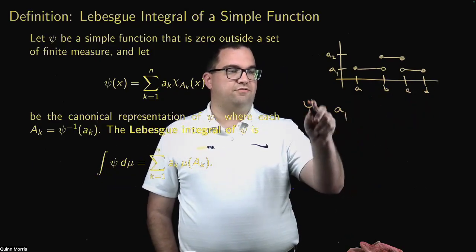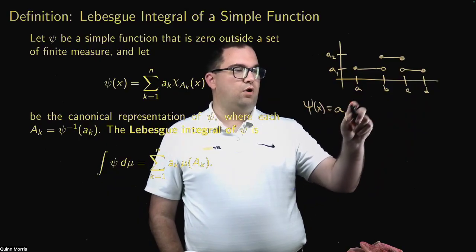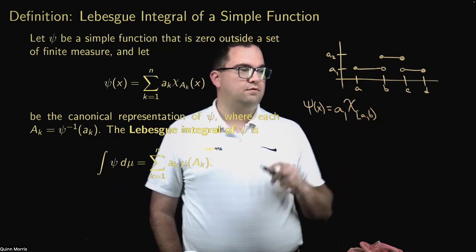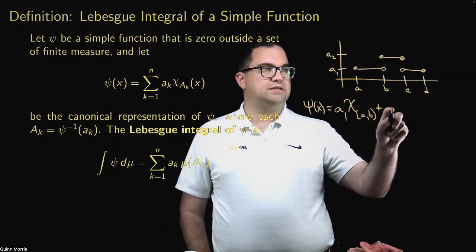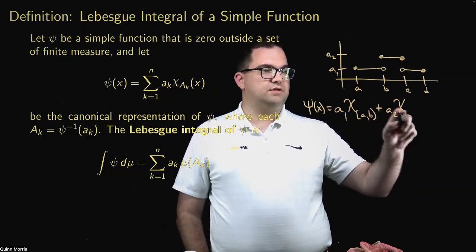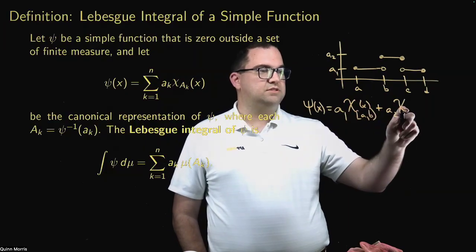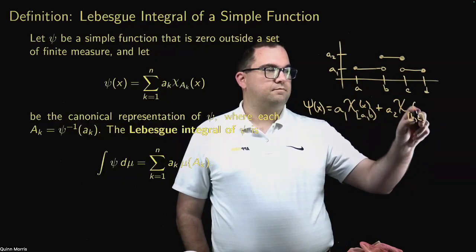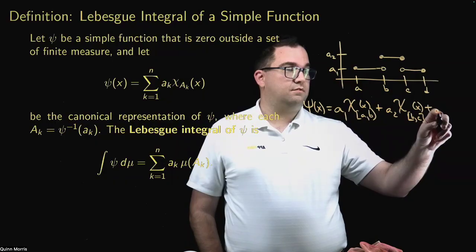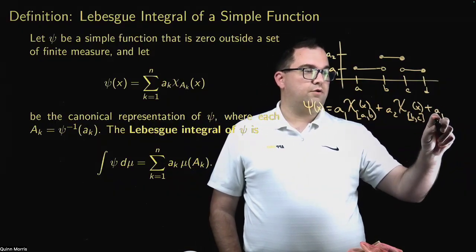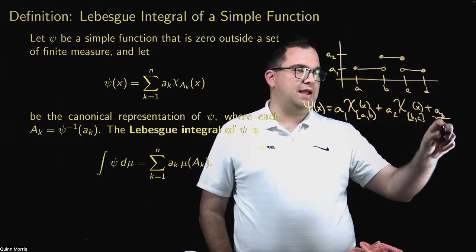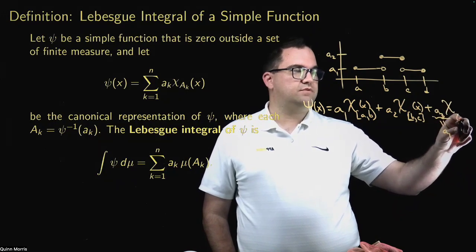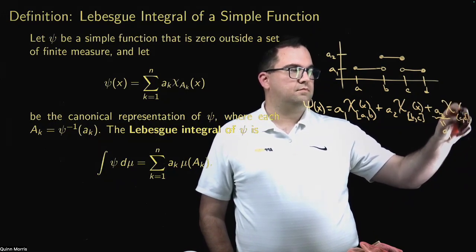So I could represent this function psi of x as A1 times the characteristic function of the interval AB of x, plus A2 times the characteristic function of the closed interval BC, plus again A1, where really maybe this would be A3, but A3 is really equal to A1, times the characteristic function of CD of x.